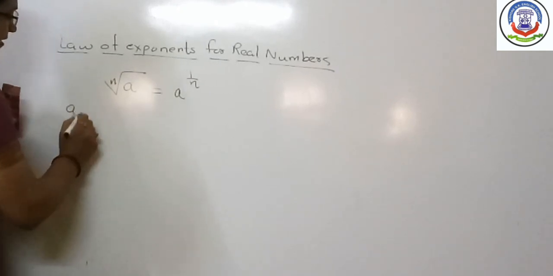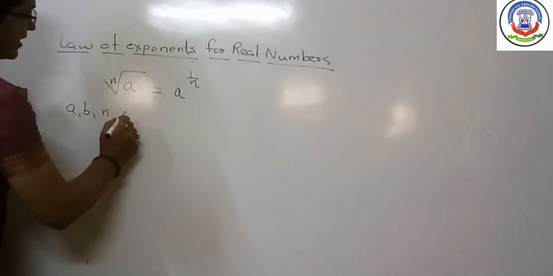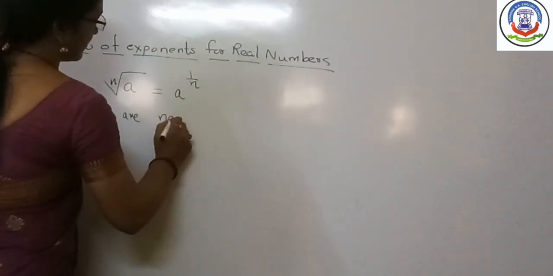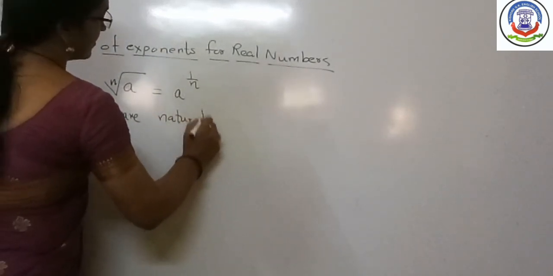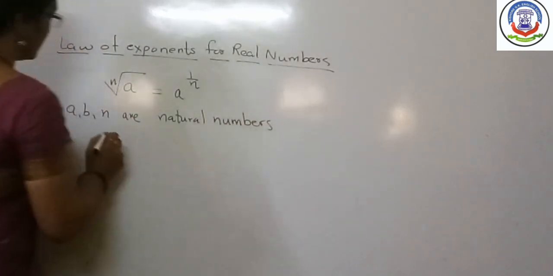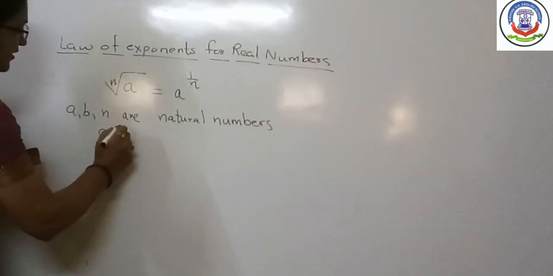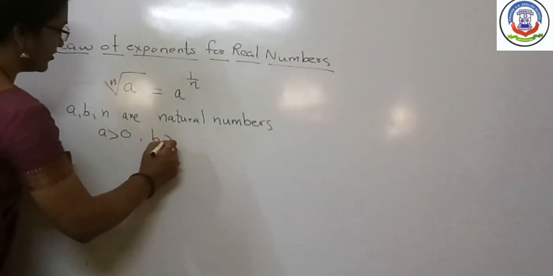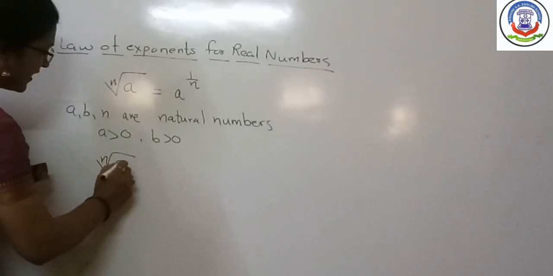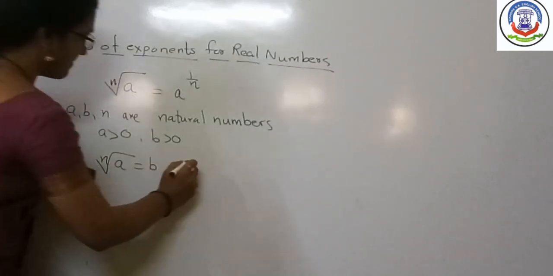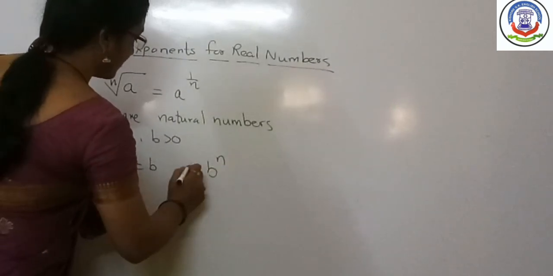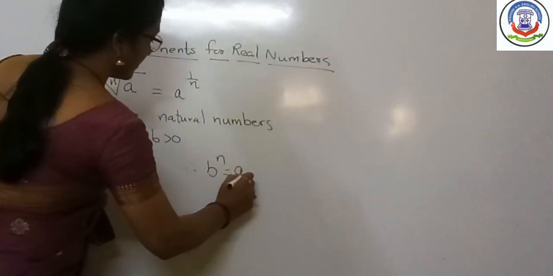Suppose a, b and n are natural numbers, a greater than 0, b greater than 0, then the nth root of a is equal to b. We can simply write it as b^n is equal to a.